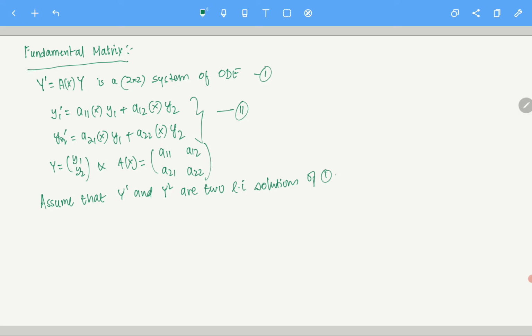Now what you want to do is construct a matrix. Or maybe I can do it in a different way, it will be much easier to comprehend.